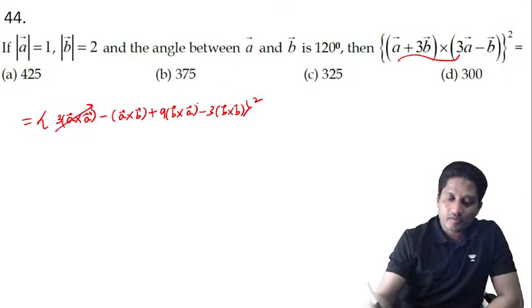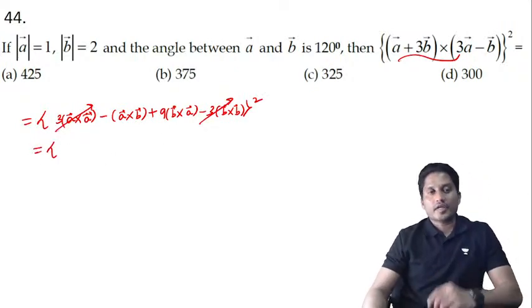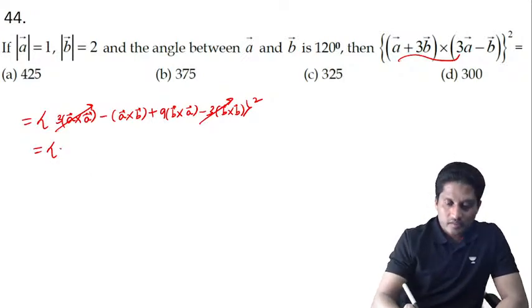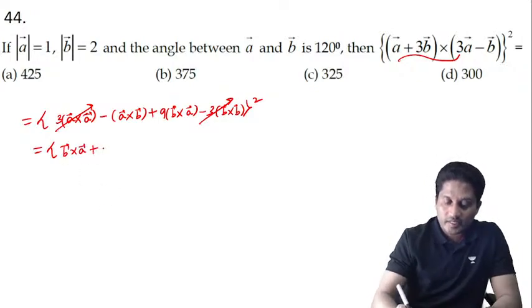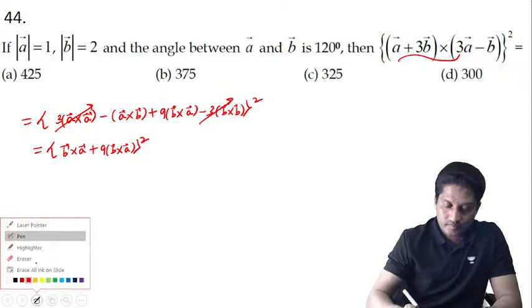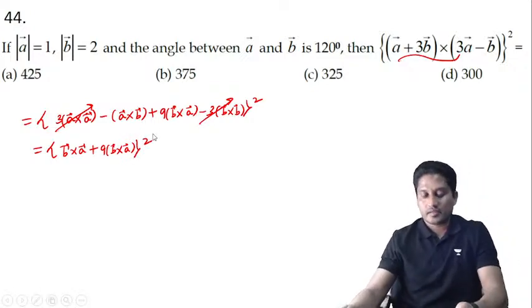A cross A is 0, B cross B is 0. Minus of A cross B is B cross A, right? So this will be equal to B cross A. This minus plus 9 times B cross A. And then this is whole square. Okay, this is whole square.